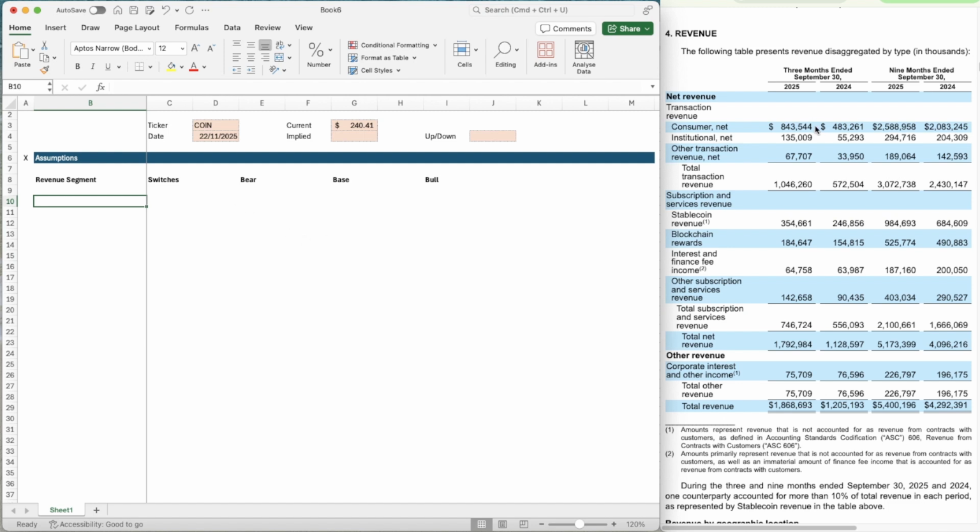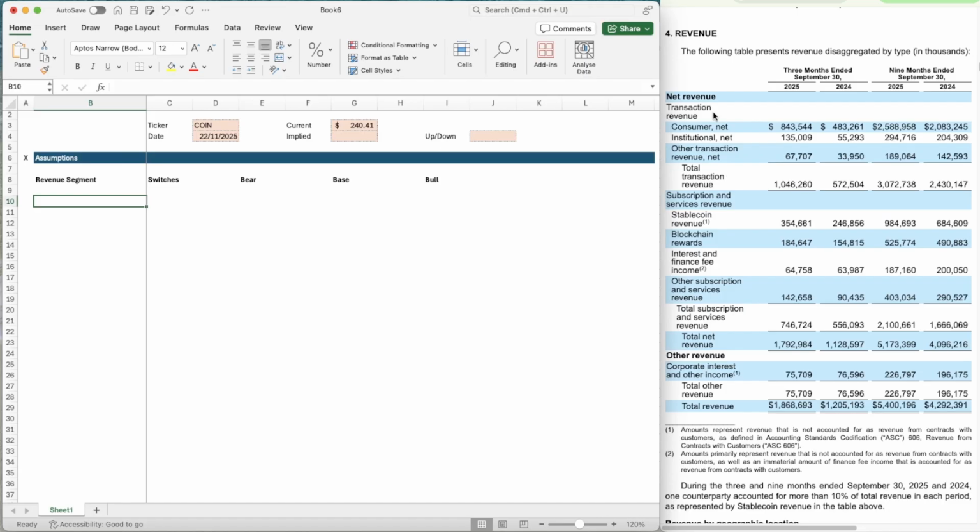So the first one we're going to do, the great thing about Coinbase is it does break down each revenue segment into what it's composed of. So transaction revenue, you can see that consumer significantly outweighs the institutional, but the institutional is growing quite a bit, and it should become a significant part of the business.